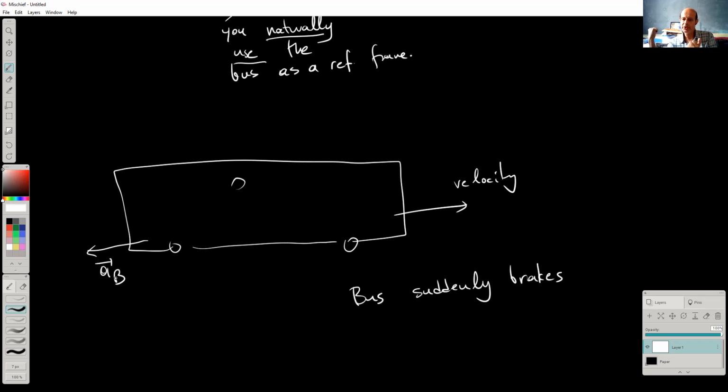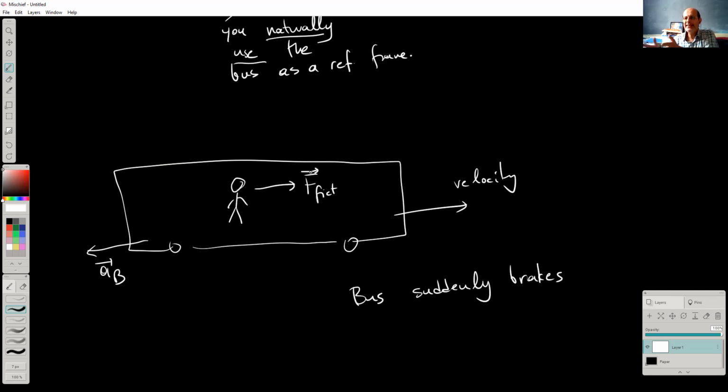The velocity is towards the right, acceleration is towards the left, in which case the fictitious force on you would be in the forward direction. Let me put a vector sign in here, okay? So the bus suddenly brakes and it pushes you in the forward direction.